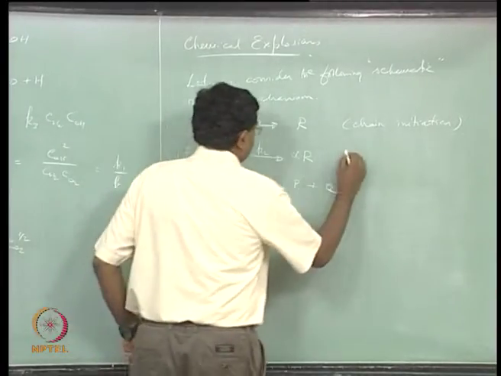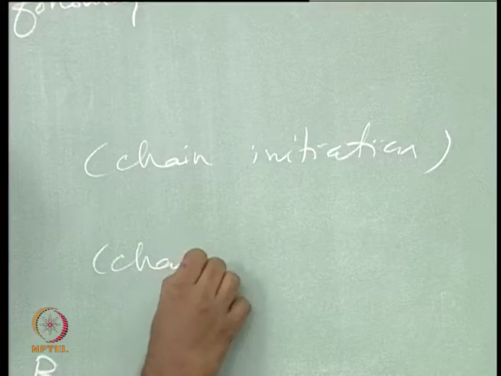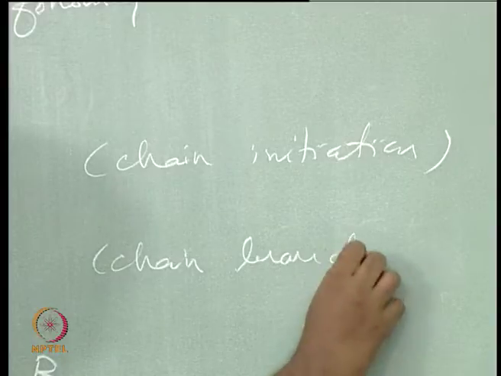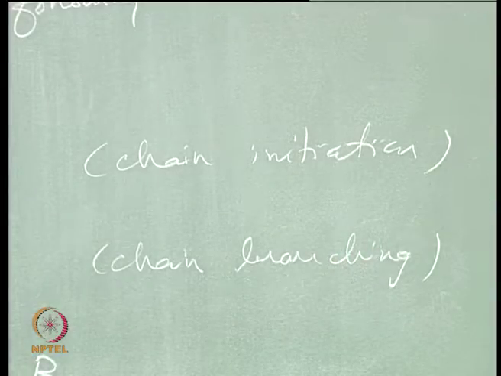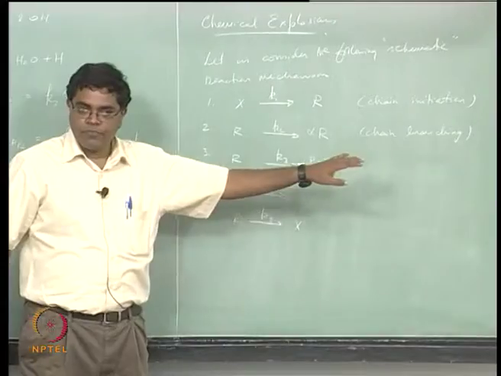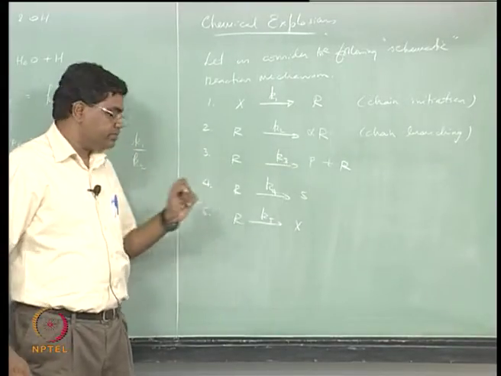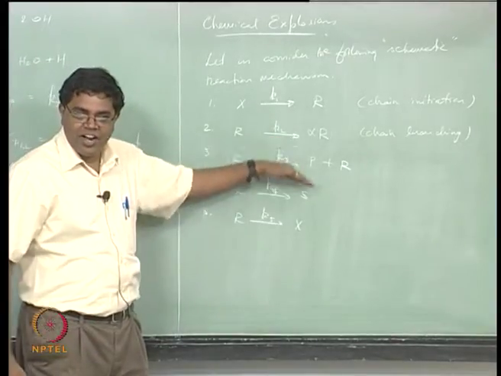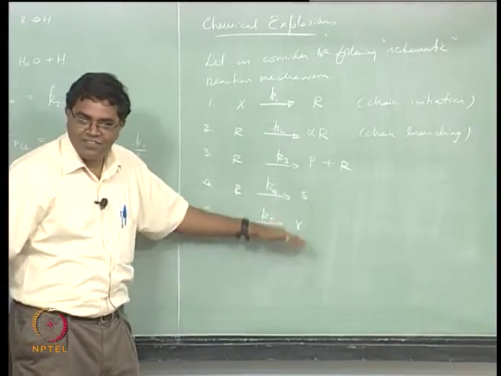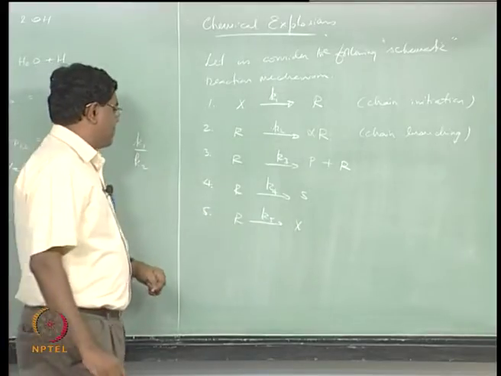So this is chain branching. Of course, alpha less than 1 would mean chain termination kind of reactions, but they don't really show up high up in the list. They are kind of the end.